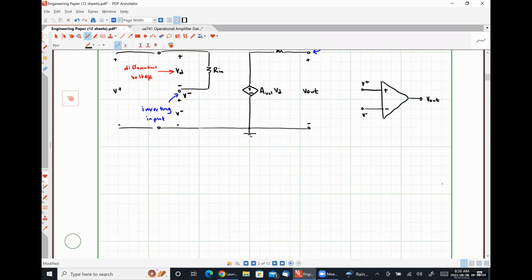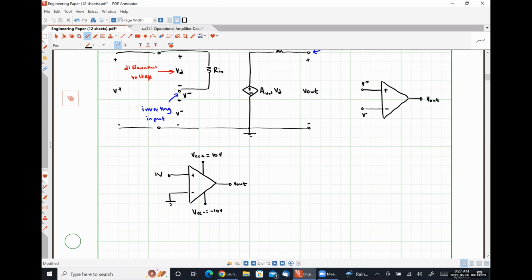So if we were asked to determine the behavior of the following circuit using the practical op-amp model, how would we go about doing this?